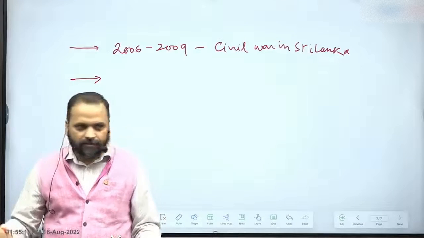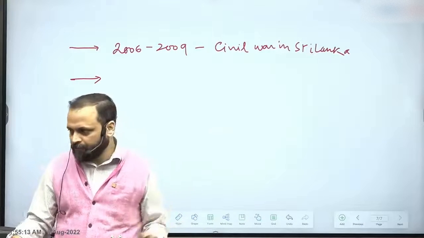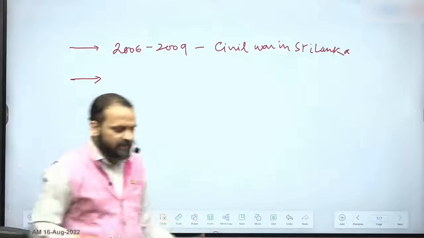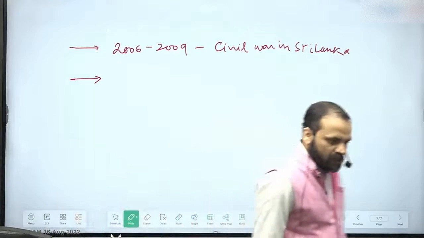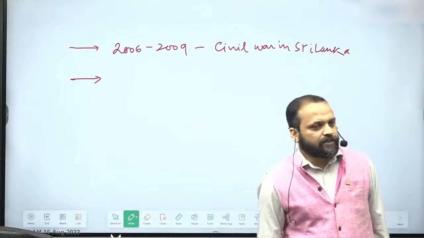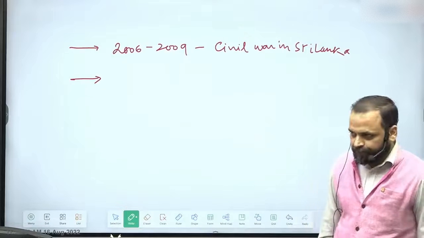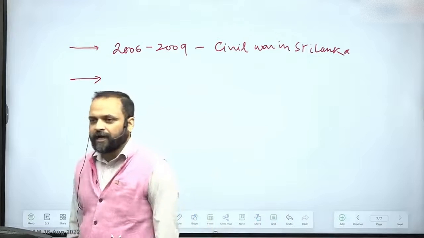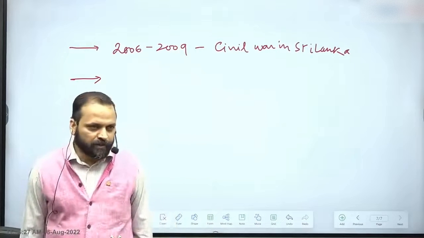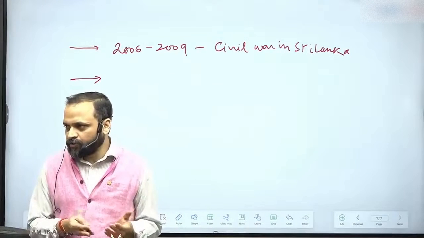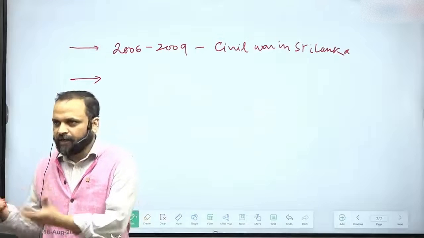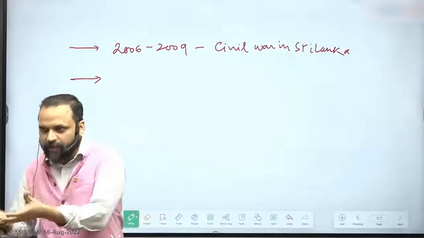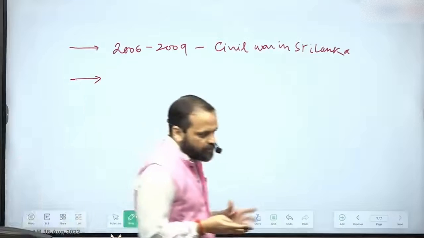So the LTTE used suicide bombing and used it against civilians, unfortunately also. And then there were attempts by governments like the government of Norway. The Norway government also mediated between the LTTE and the Sri Lankan government. So there were efforts to find a peaceful solution, but there was also continuous fighting, either through suicide bombing or through direct fight between the armed forces of both countries.